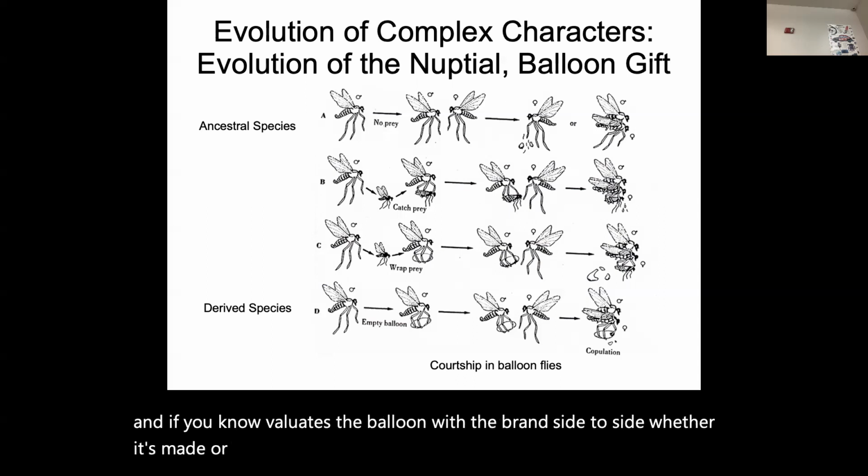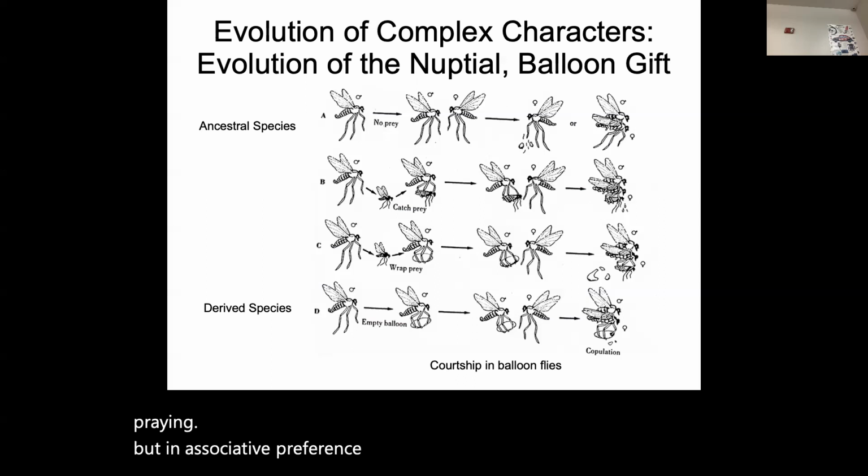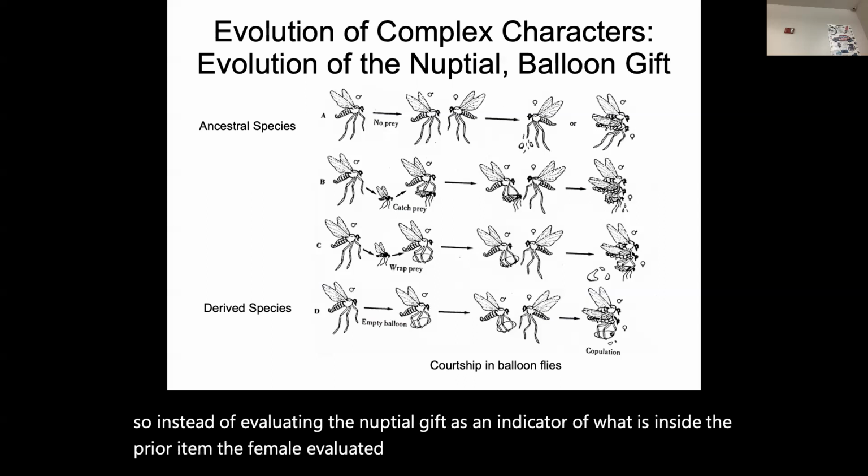And this is when the males have the opportunity to parasitize. In at least one species, the female developed a preference not for the prey item, but an associative preference for the balloon. So instead of evaluating the nuptial gift as an indicator of what is inside the prey item, the female evaluated the nuptial gift as what was observable, the balloon.